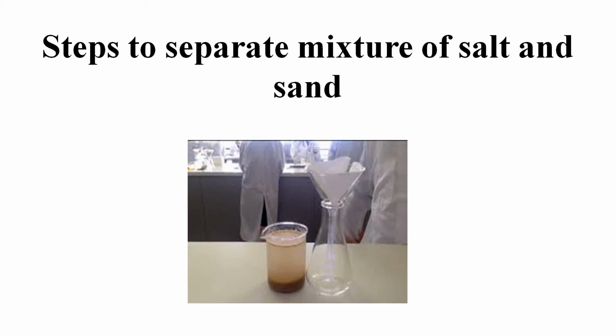By the evaporation method, salt and water vapor are separated. Finally, water vapor is converted into its liquid form by the condensation process. We have thus separated salt, sand and water using the processes of decantation, filtration, evaporation and condensation.